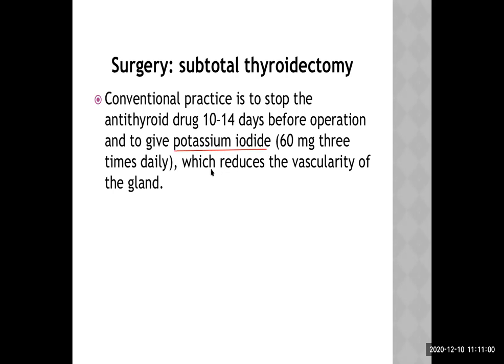If we give it prior to surgery, it reduces the vascularity of the gland and it doesn't allow the release of preformed hormone from the gland. So there are two functions: it doesn't allow the release of preformed hormone from the gland, as well as reduces the vascularity of the gland. So it is advisable to use potassium iodide prior to surgery, around 10 to 14 days before.